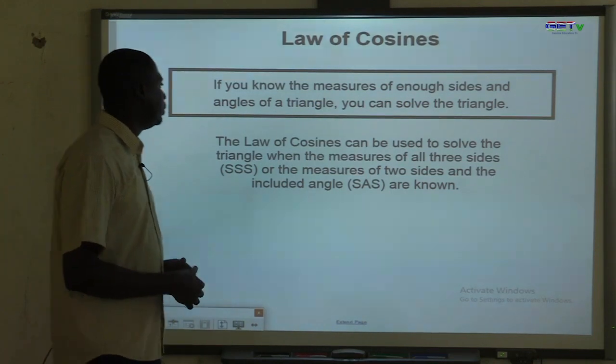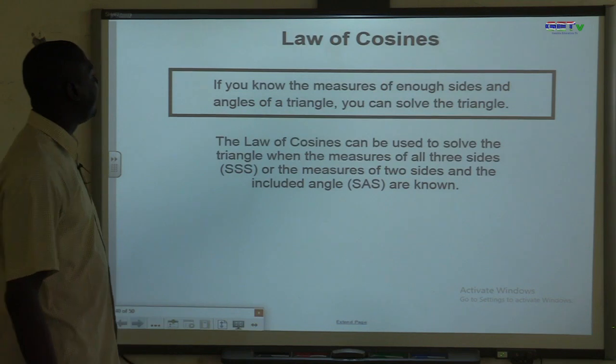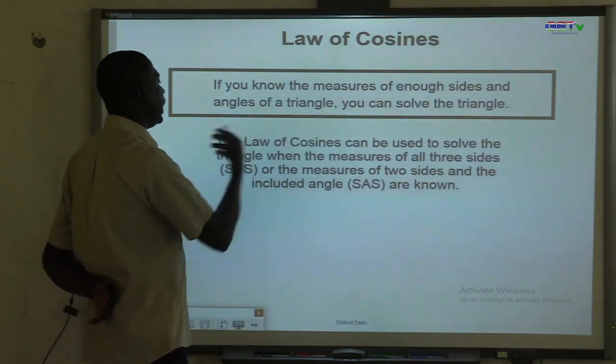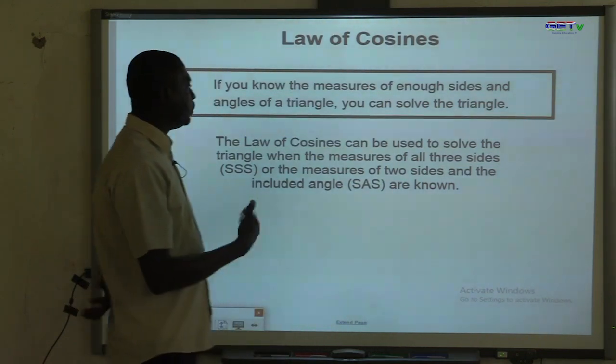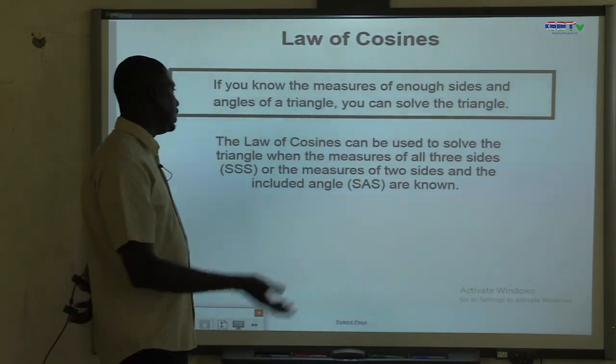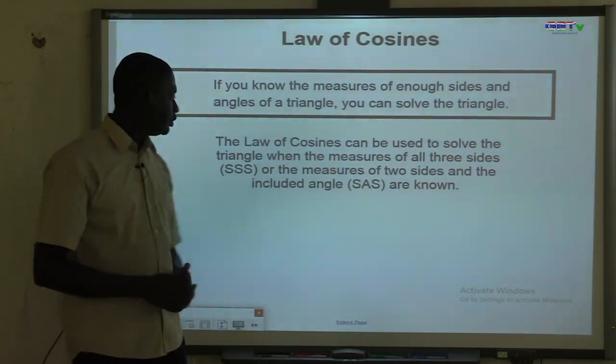So it reads, if you know the measures of enough sides and angles of a triangle, you can solve the triangle.